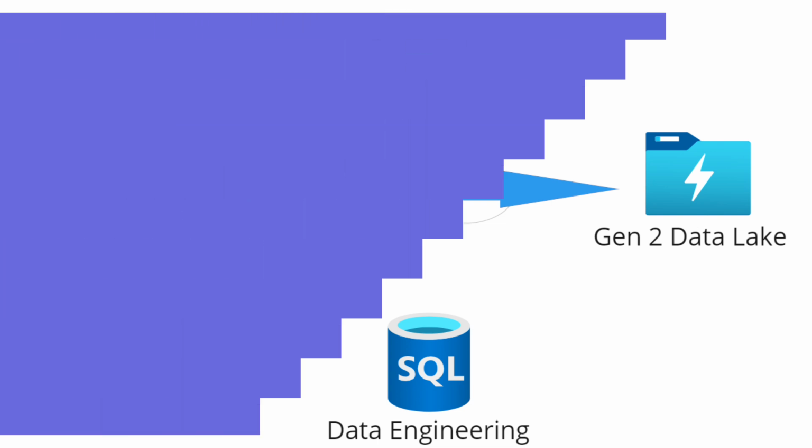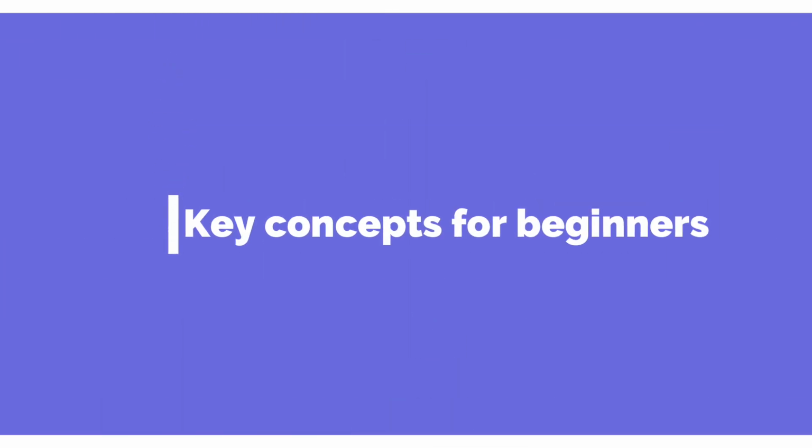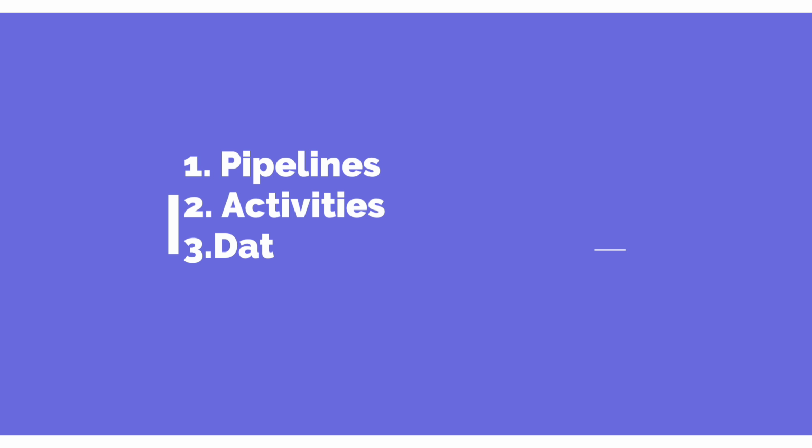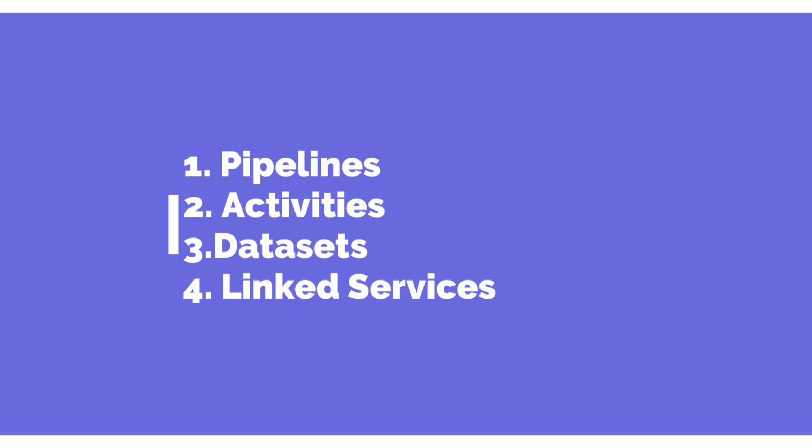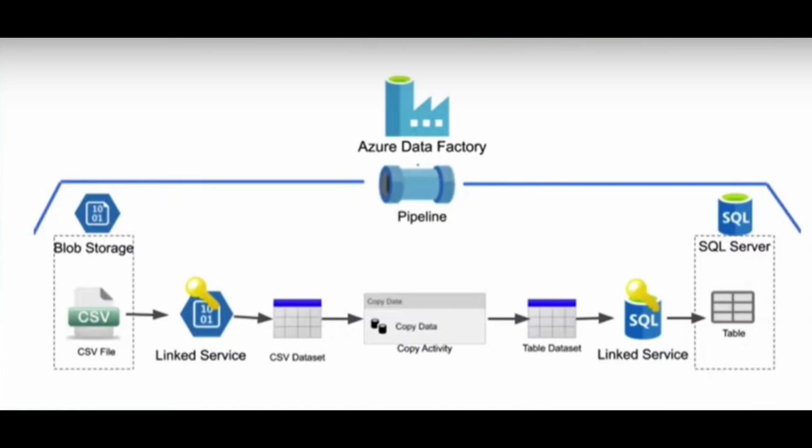Now let's think about the key concepts of ADF. First, pipelines. Second, activities. Third, datasets. Fourth, linked services. Number one, pipeline. In our fruit salad example, the pipeline is a series of steps that defines how data is processed.